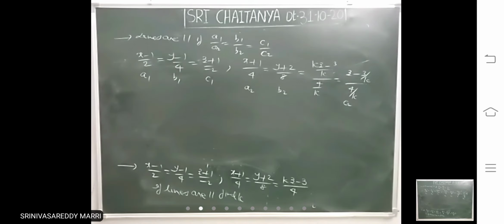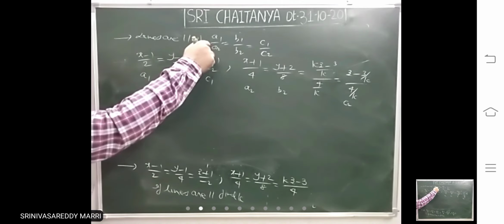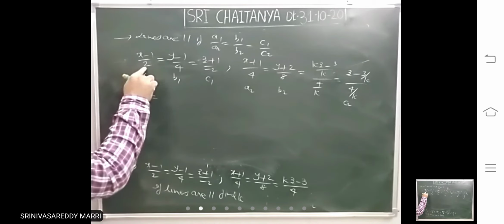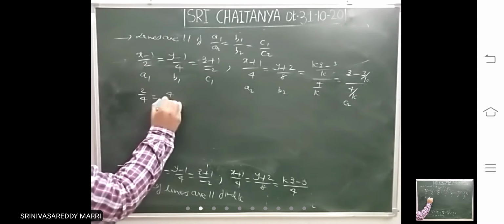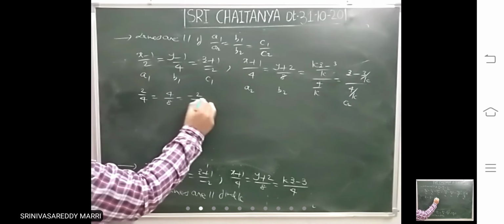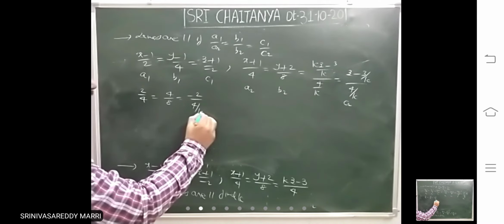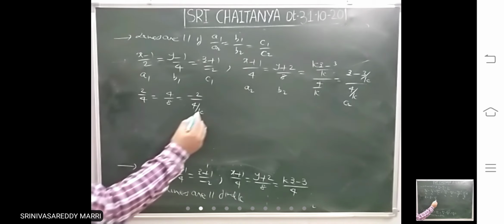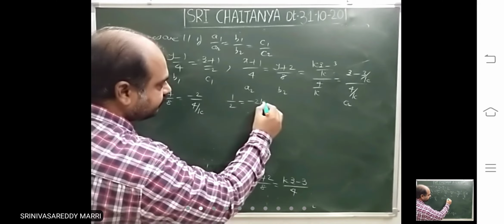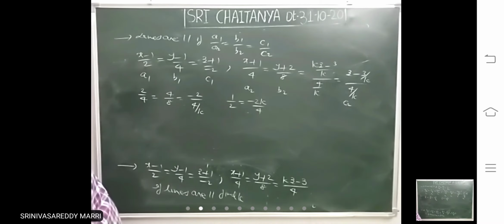Now the lines are parallel means A1 by A2, that means 2 divided by 4 equal to 4 divided by 8 equal to -2 divided by 4 by k. That means 1 by 2 equals -2k divided by 4.